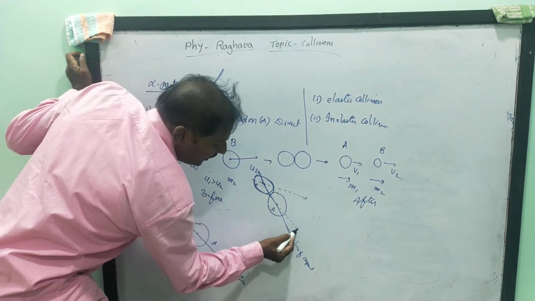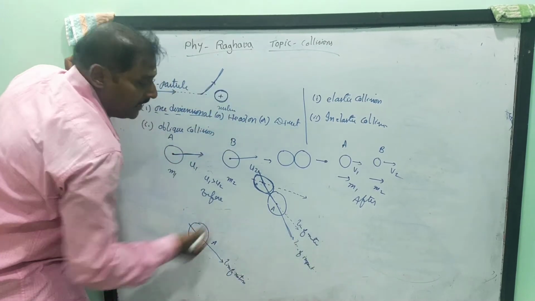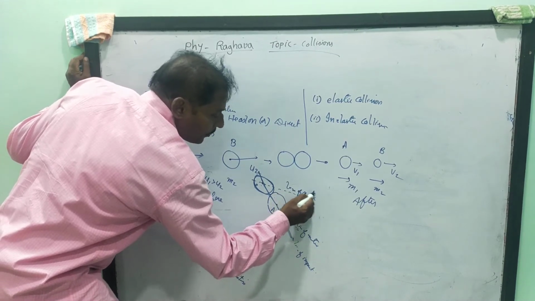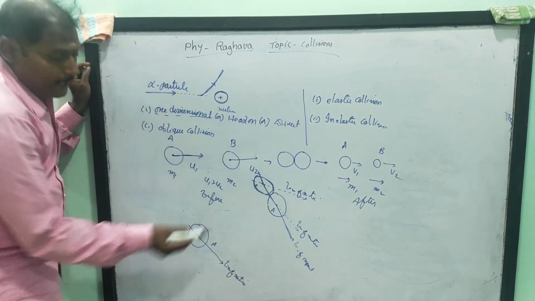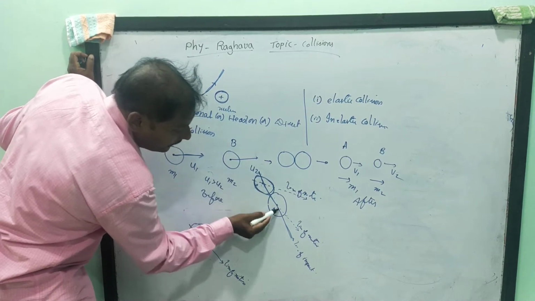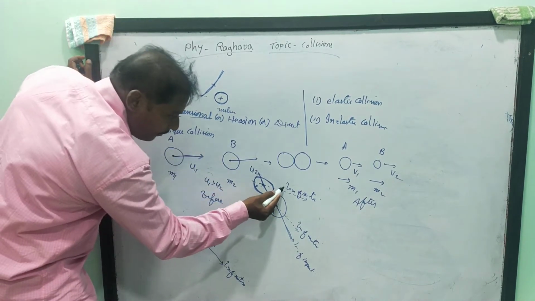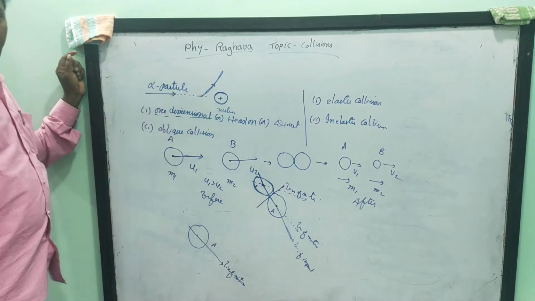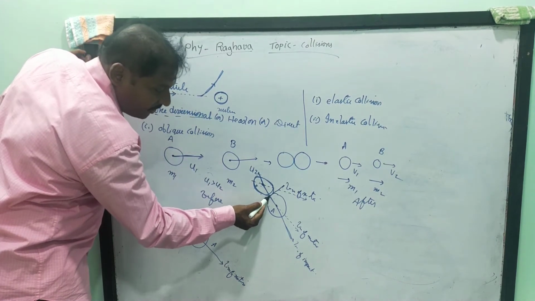The line of motion of body A is in this direction, and the line of motion of the second body is in another direction. Due to the collision, a common line is drawn, passing through the centers of mass of both bodies, normal to the surfaces in contact during collision.